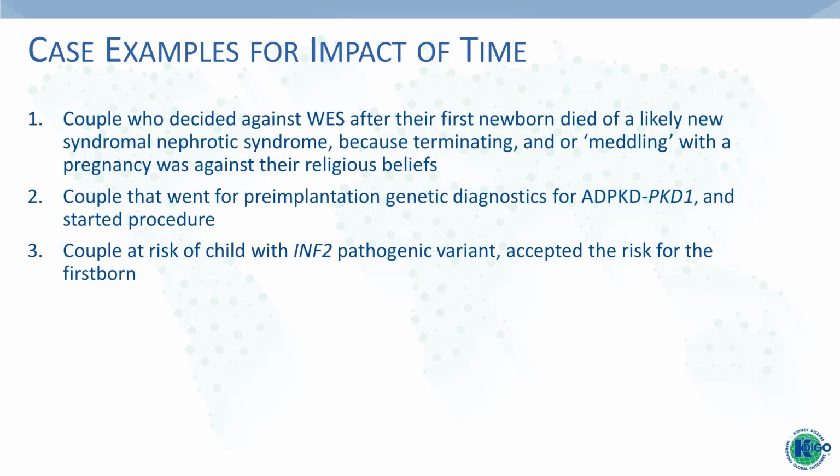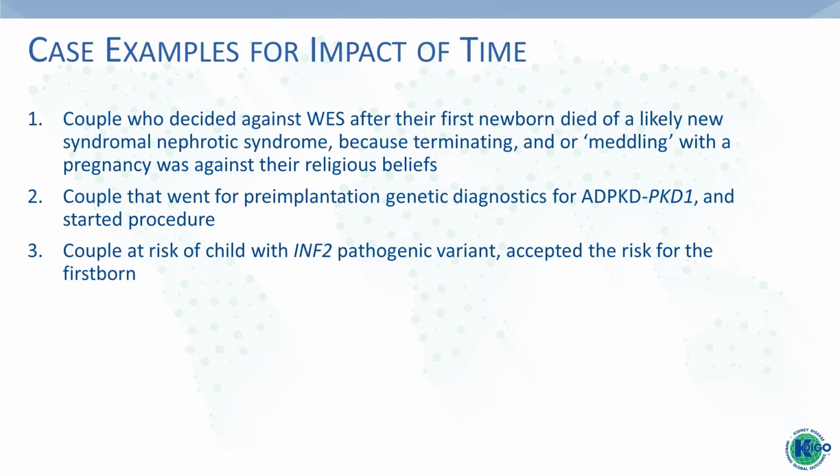In the end, this couple became pregnant, conceived naturally, and they had prenatal diagnostic testing, a chorion villus sampling, and luckily the third child wasn't affected. So they changed from not wanting to do whole exome sequencing to actually doing prenatal genetic testing simply because of the things they went through and experienced. So this is one of the examples.